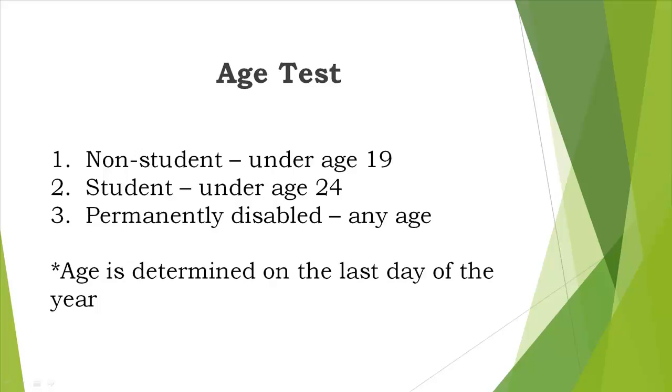Age is determined by the last date of the year. If they turn 19 December 30th, then they're too old. So you're always going to base their age on the age that they were on the last day of the year. So that's the second test.